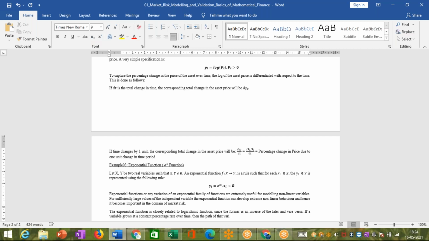Or let's put it this way, then the variable follows an exponential trajectory, right?